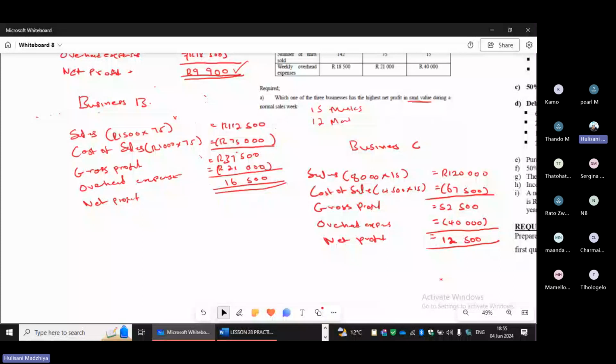Okay, so your final figure or your final say, it says which of the three businesses has the highest net profit in rands value during the normal sales week.